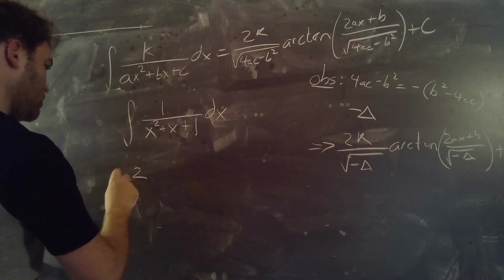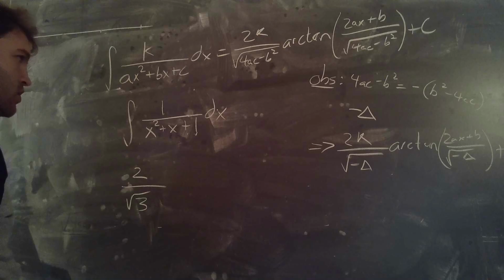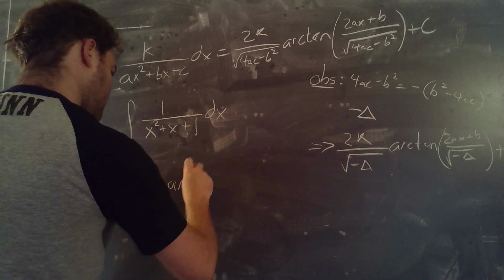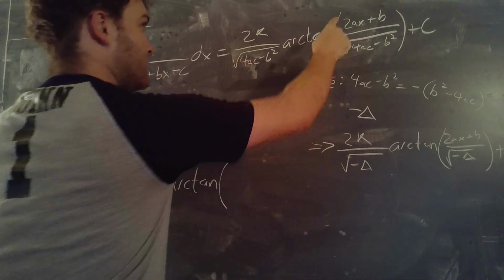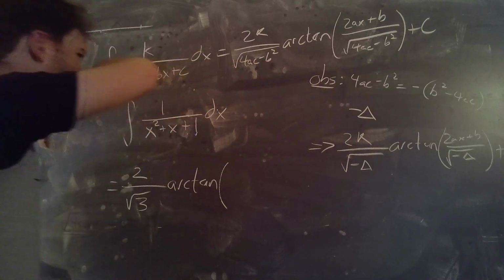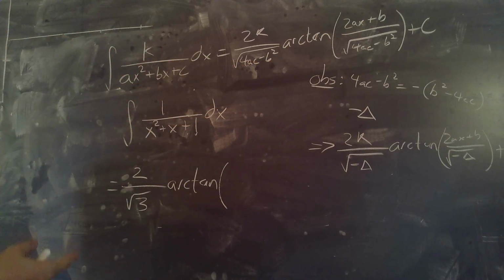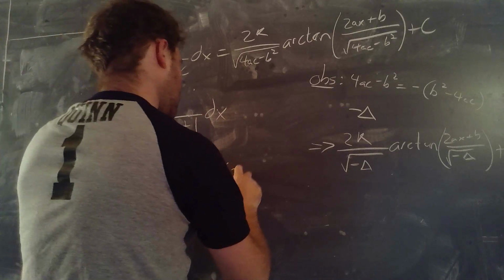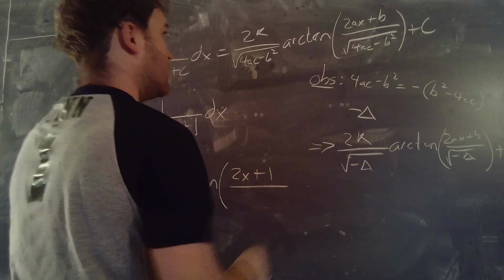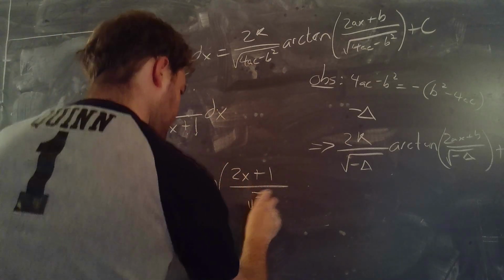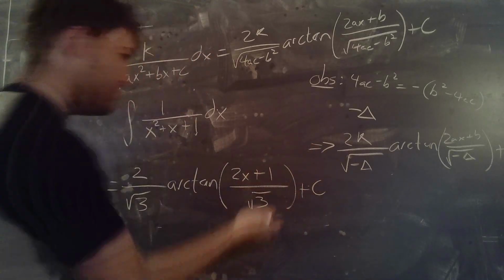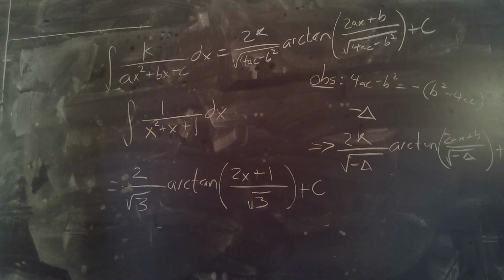Okay, so we have 2 over the square root of 3. Cool. Then we have the arctangent of, well, we have 2ax plus b. And notice that a is just 1, b is just 1. So that's 2x plus 1 over, and then we have this same square root term that appears here, there, plus c. Boom, done. There's an example. And we have our answer.